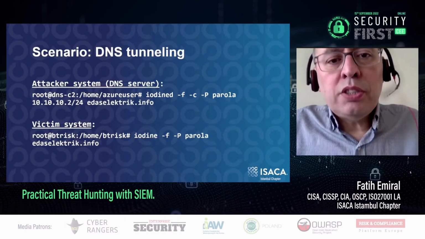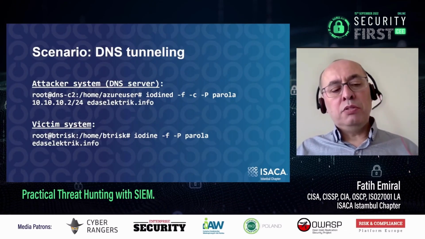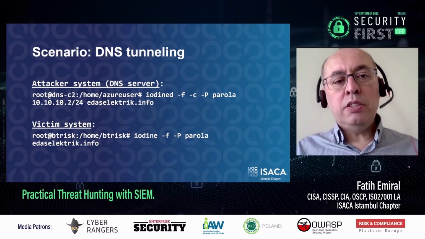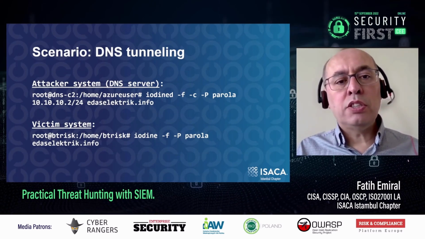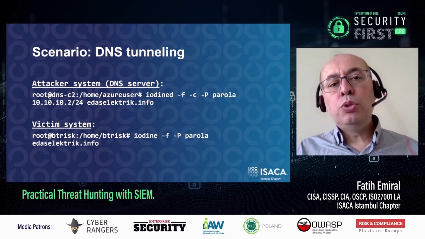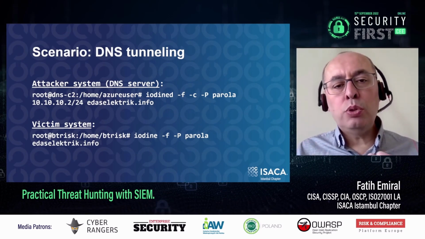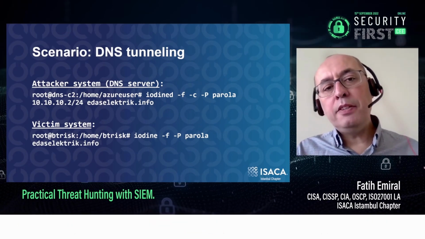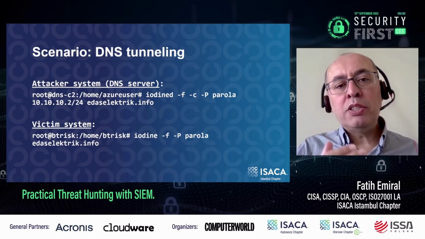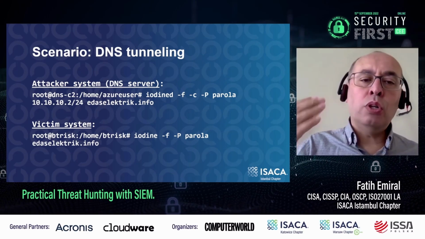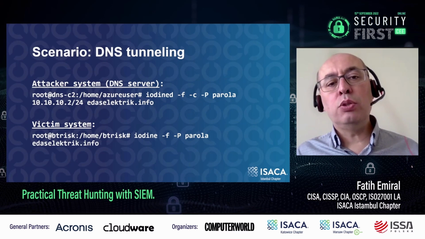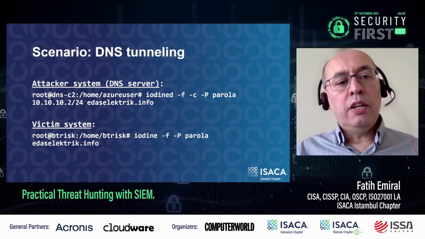Another scenario of ours is DNS tunneling, which is very popular with APT attackers. It is basically using DNS messages to communicate with the C2 server, the command and control server, or the server controlled by the attacker outside of the victim network.